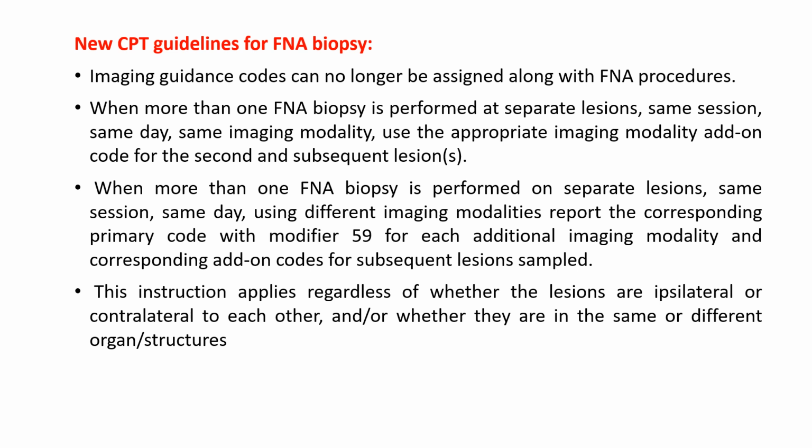For example, the FNA procedure in the lesion in the breast was done through ultrasound guidance, and the FNA procedure in the lesion in the abdomen is done through fluoroscopic guidance. You need to add modifier 59 with the primary code. You should not add it with the add-on code. You need to add it with the primary code, indicating that the two lesions' FNA procedures were done using different imaging guidance. You should not miss the 59 modifier.